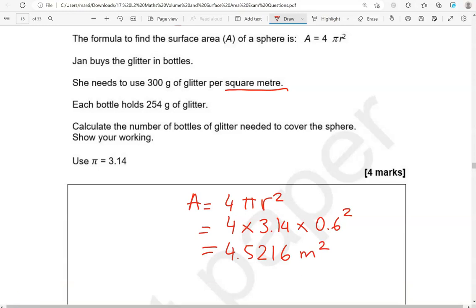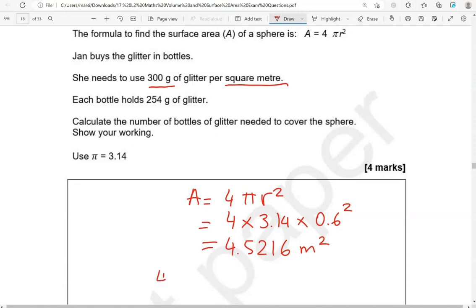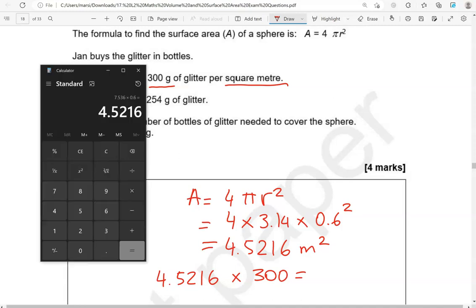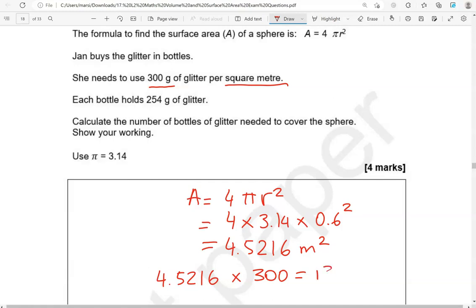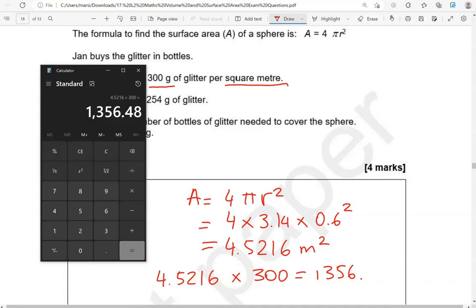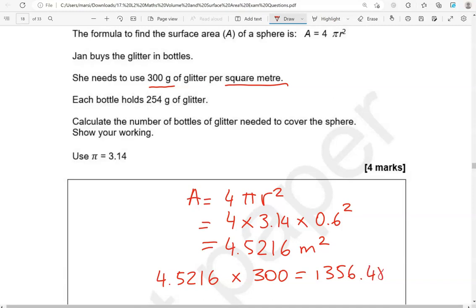She needs to use 300 grams of glitter per square meter, and there are 4.5216 square meters, so we're going to multiply that by 300, which gives us 1,356.48 grams.